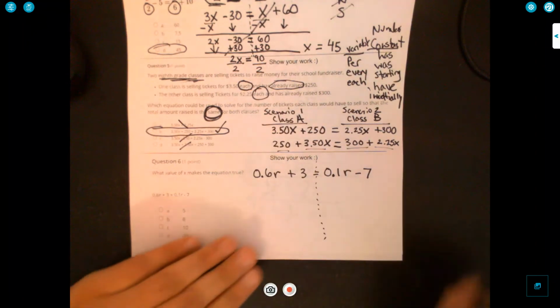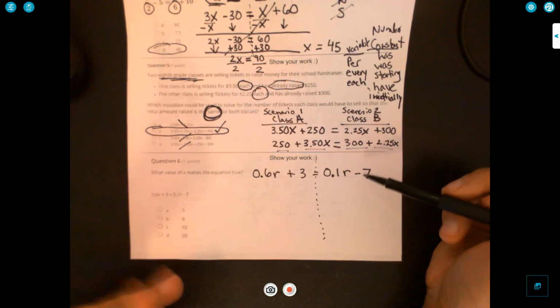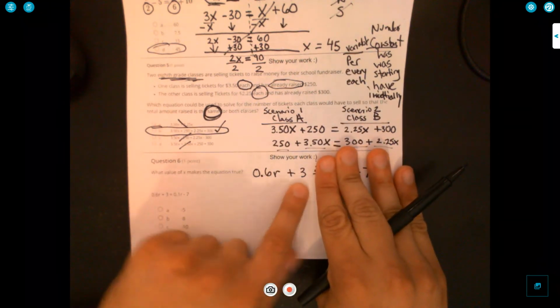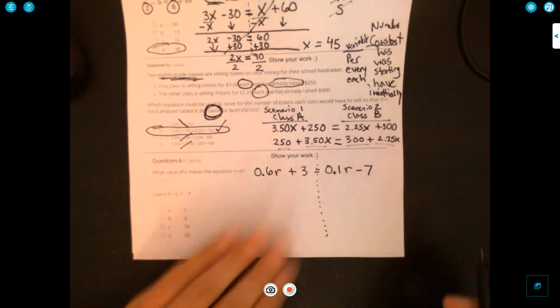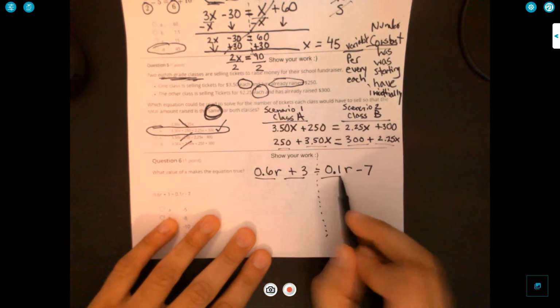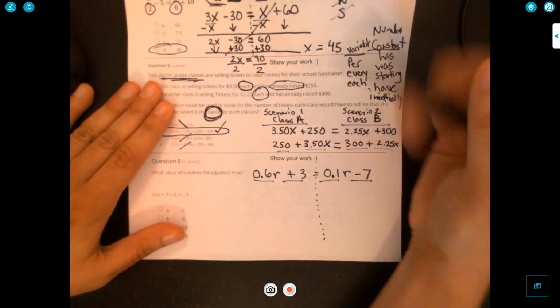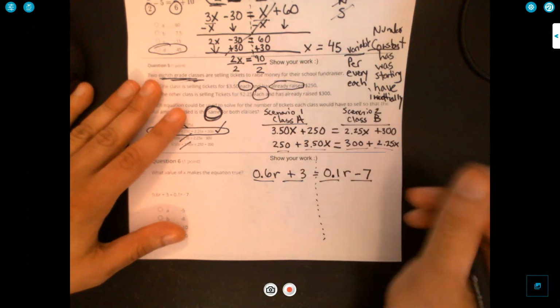So, do we need to distribute? No. There's no fraction. Do we need to combine any like terms? Looking at just this side, we have a variable plus a number, can't combine. Variable minus number, can't combine. We got these different terms here that can be combined. All right, so variable. Yes, we have a variable on both sides, so we need to get rid of one. I'm going to go ahead and just get rid of this one.